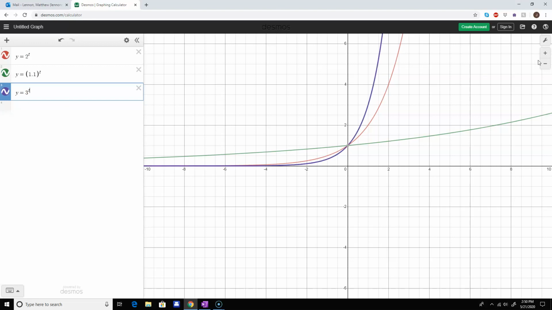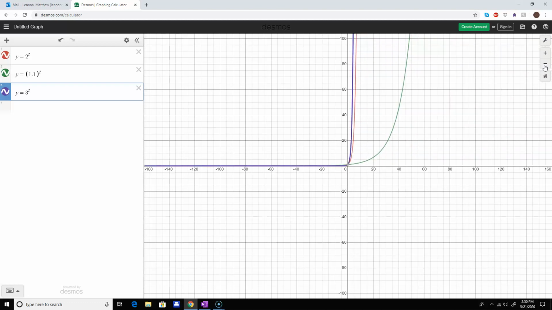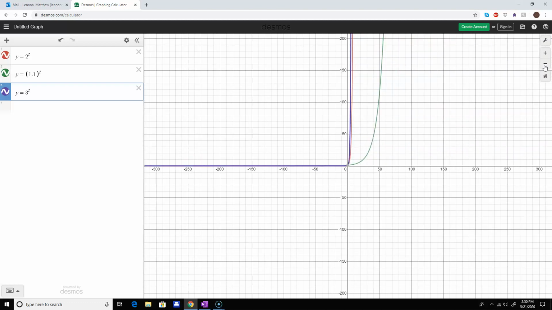And you can zoom out and see that if you zoom out far enough, they all eventually explode once they reach a certain critical mass. So if the base is smaller, it's going to be flatter in the growth case, and larger, it's going to be steeper. So anyway, let's continue with some examples.